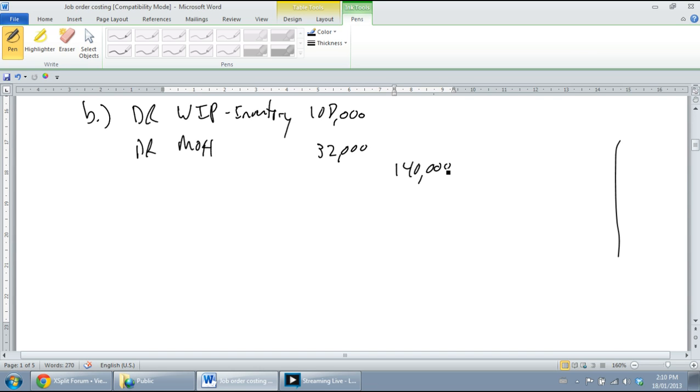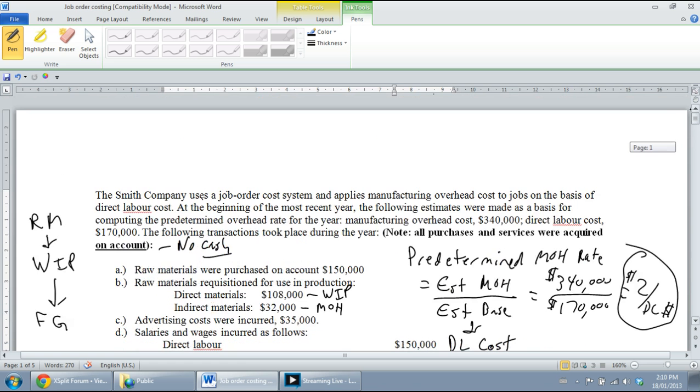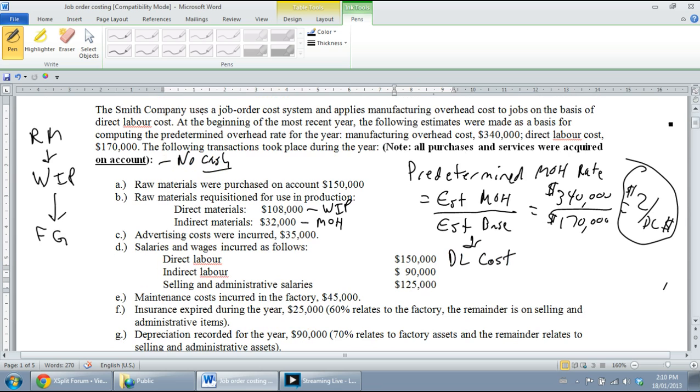What's my credit here? Well, these aren't raw materials anymore. They went from raw materials into work in process. Again, they transform from raw materials to WIP, then to finished goods. Requisition just means we took it out of the warehouse, the back room where we keep our raw materials, and we started working on it.